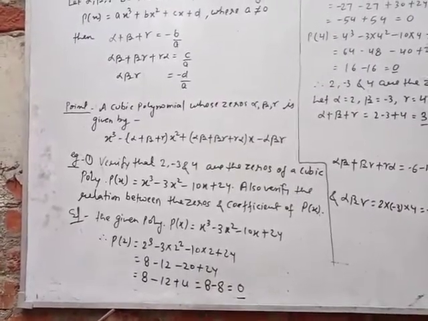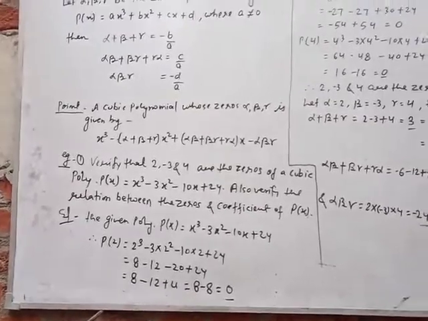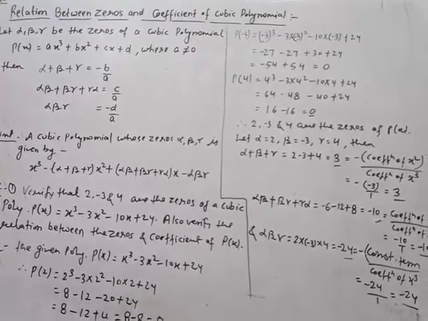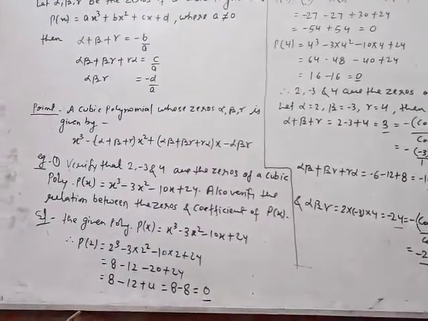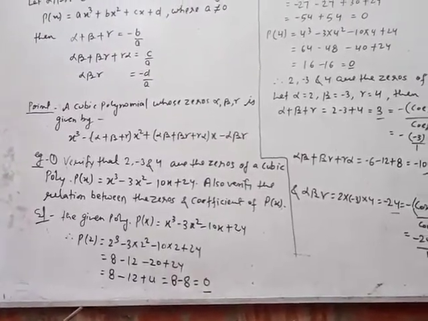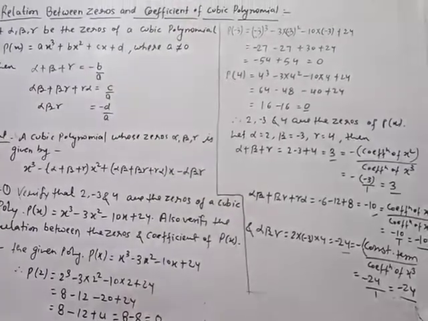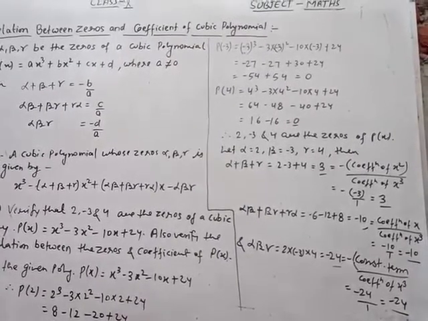So firstly we put the value of x equals 2, then equals minus 3, and then equals 4. So students, if we put x equals 2, then we see that we get p(2) equals 0, and if we put the value of x equals minus 3, we also see that p(minus 3) equals 0.